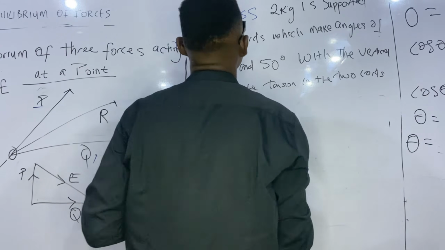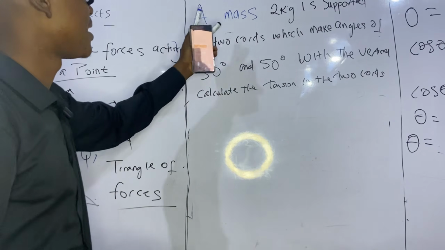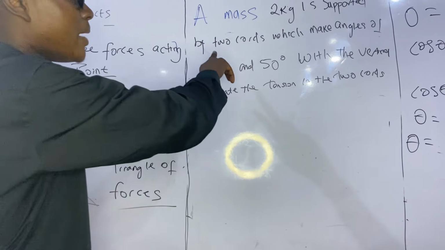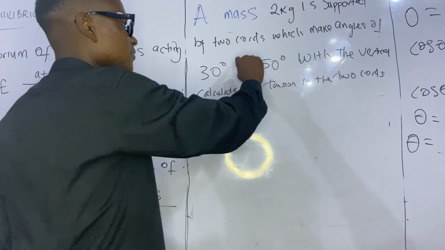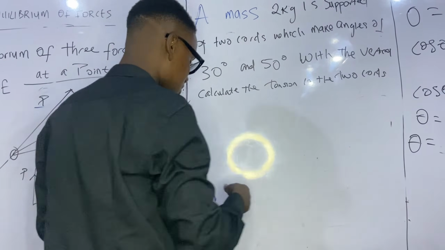So this question says that a mass 2 kg is supported by 2 cords, which make angles of 30 degrees and 50 degrees with what? With the vertical.